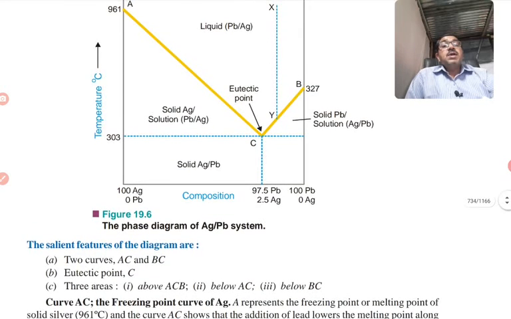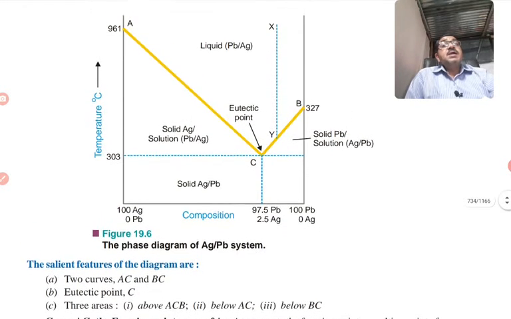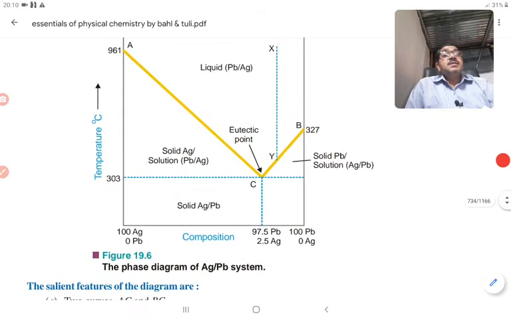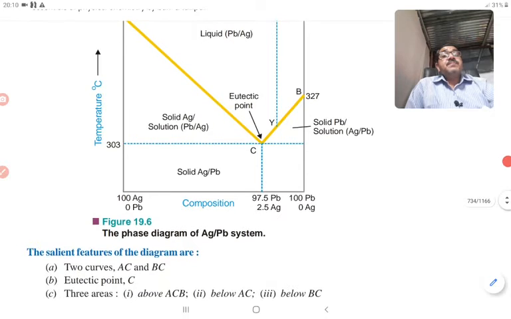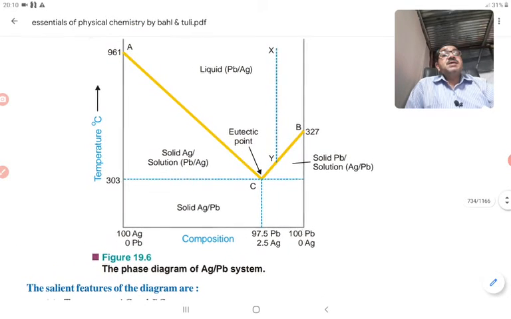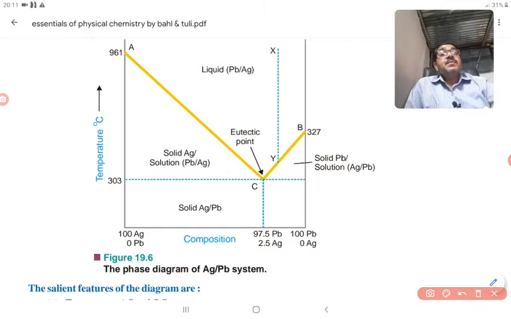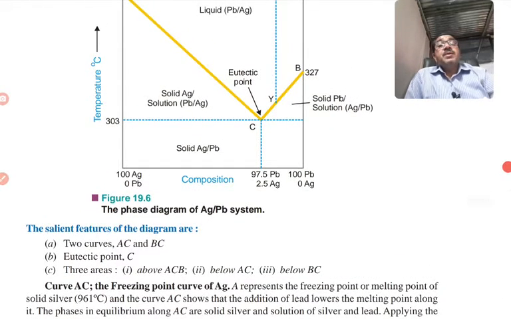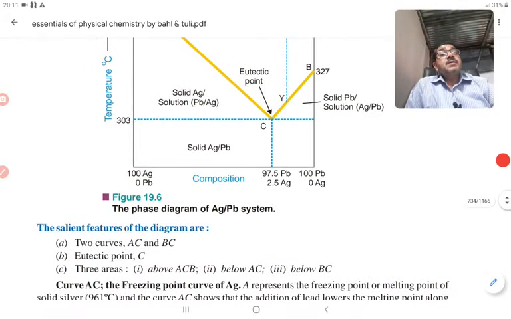Here two curves are shown: curve AC and curve BC. Then the eutectic point C is shown here.